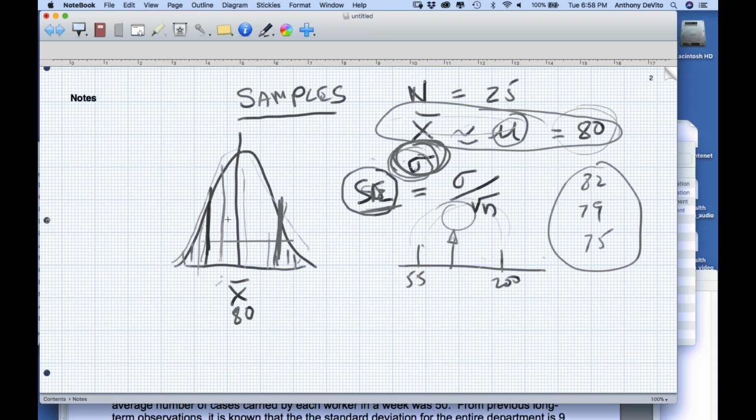For instance, I could apply the empirical rule and say that 95% of the time I would expect to get a sample mean x bar that's within 2 standard deviations of the population mean. And if we have a larger sample size, well, then my sample means are going to be narrower.